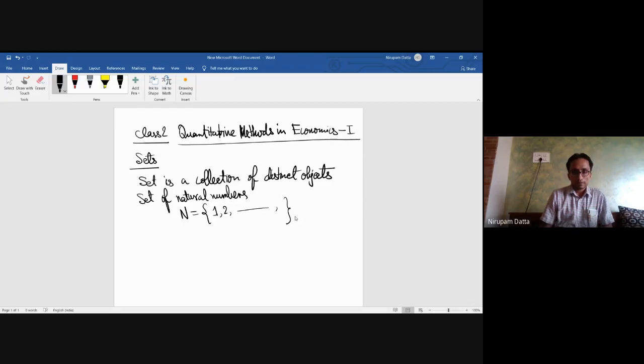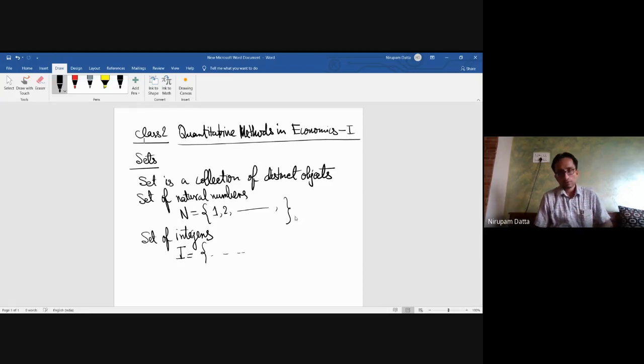That is, N is a set of natural numbers. Then we can have a set of integers, from negative infinity: -3, -2, -1, 0, 1, 2, 3, and so on.